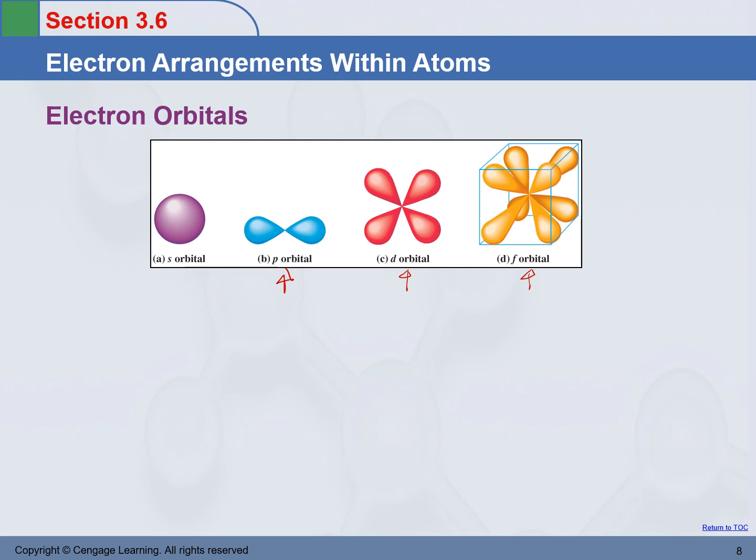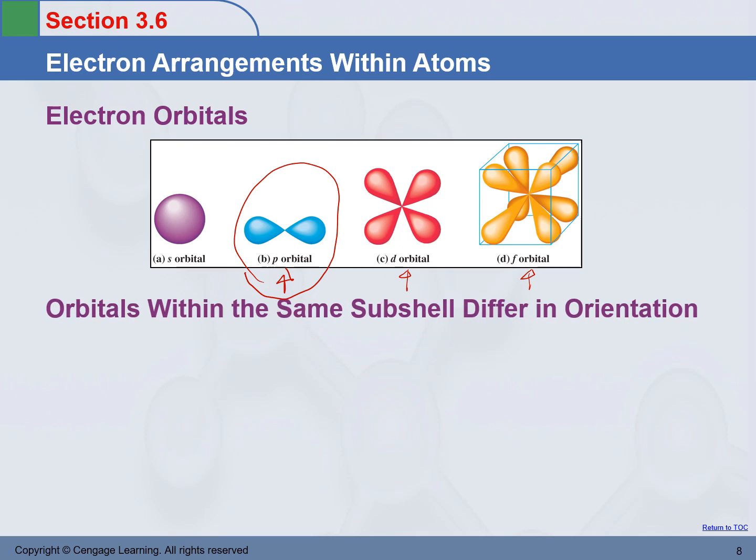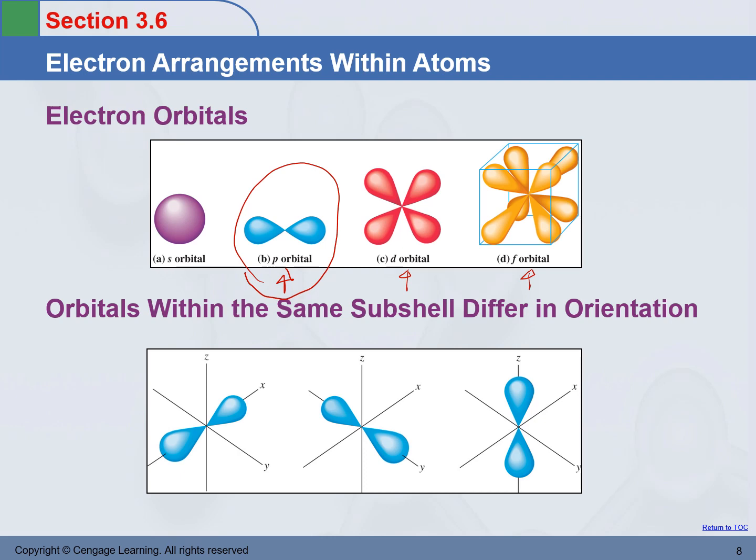Not only that, in the case of p, remember that in each subshell there are 3 p orbitals. Those p orbitals have unique orientation in space. The 3 p orbitals are perpendicular to each other. One aligns itself with x, another with y, and the other with z.